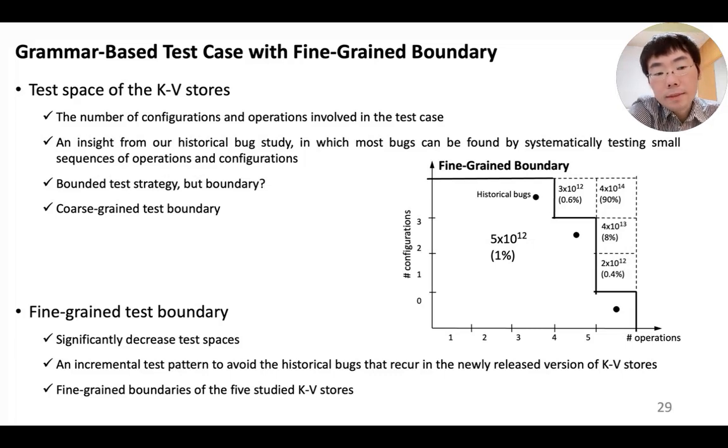So you can see it can significantly decrease the test space. And also, this approach can be an incremental test pattern to avoid historical bugs that recur in newly released versions of key-value stores. The fine-grained boundary of the five studied key-value stores is provided in our research work.